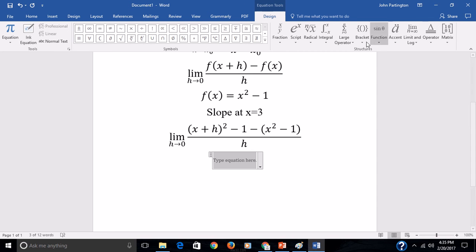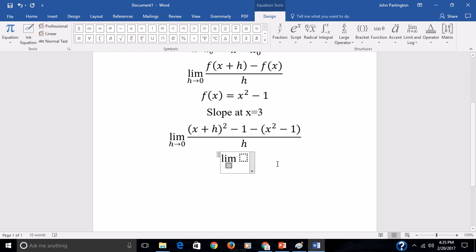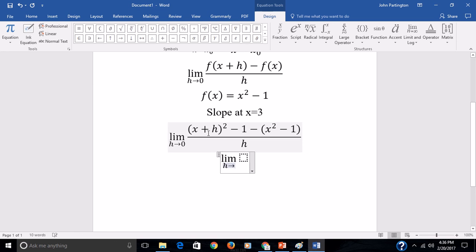Now, I don't know if simplify is the right word, but we're going to begin to evaluate this. So, the limit as h goes to 0 of, we will expand this.